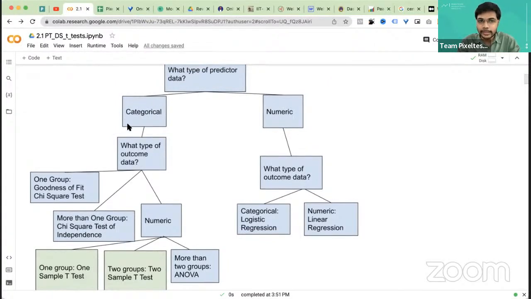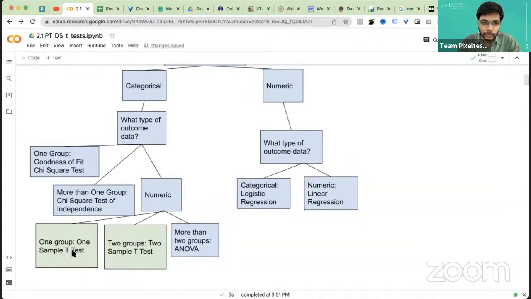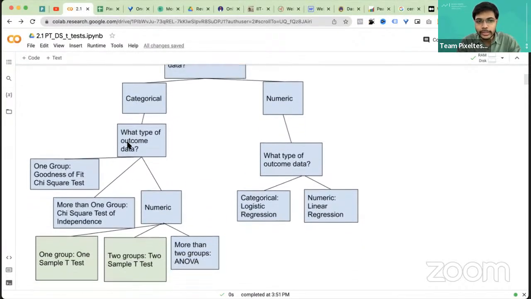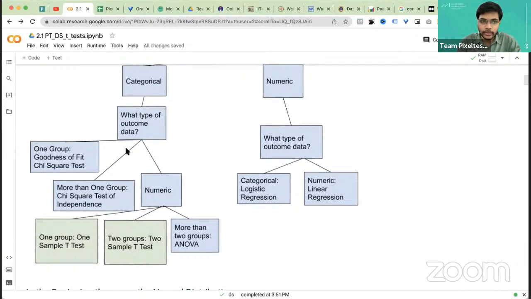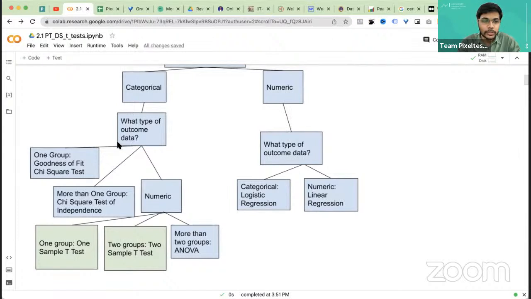If there is categorical data or numeric data, today we'll be looking at this left side portion, where we do the one sample t-test and two sample t-test, where we have numeric data and also some text or other categorical data. Based upon the type of outcome, we choose a method.